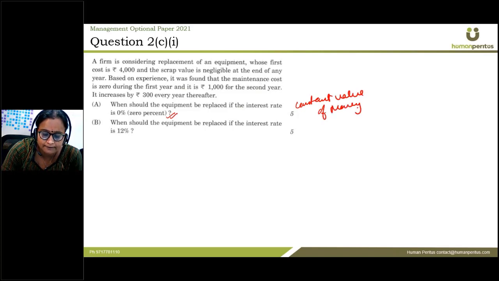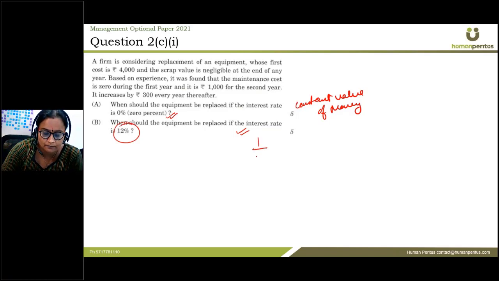Right? And in the second part, the rate of interest is more than 0%, that is, 12% is given. It means in this part we need to assume that the value of money is getting changed. So we need to consider the time value of money by discounting it at the rate of 12%.